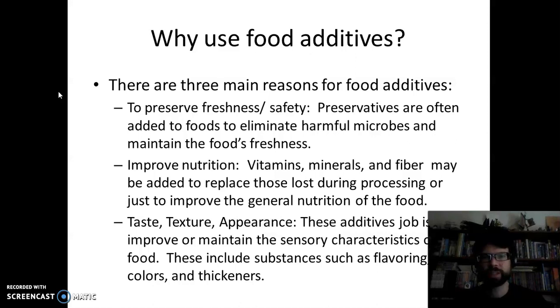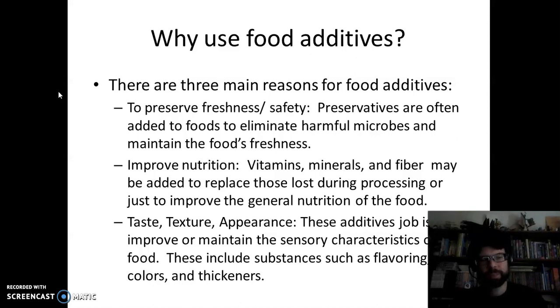Another reason for food additives, improve nutrition. You probably see this especially in our food at school, where they say it uses enriched flour or something like that. It's because they've added vitamins and minerals, nutrients to that food.